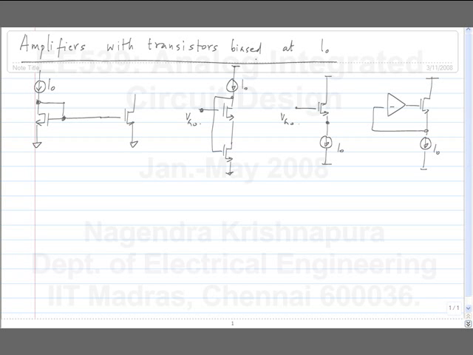So let's say we want to make a common source amplifier, right? Common source amplifier means that we should obtain an incremental picture like this.